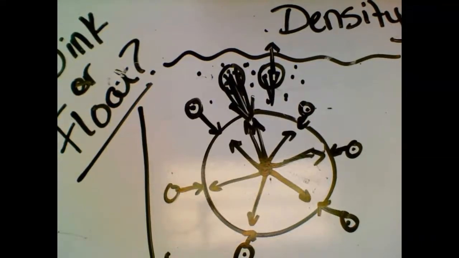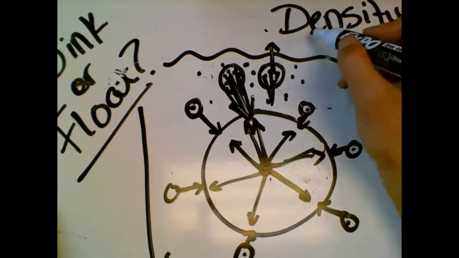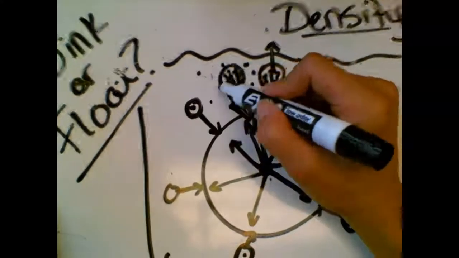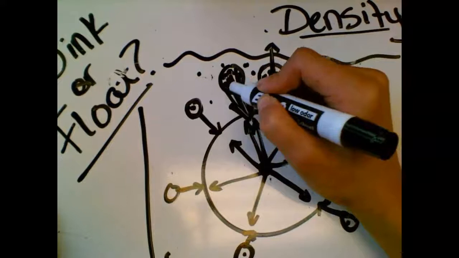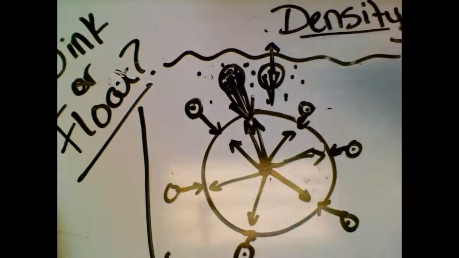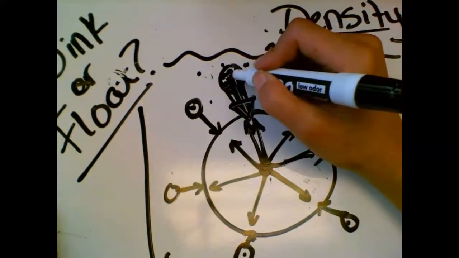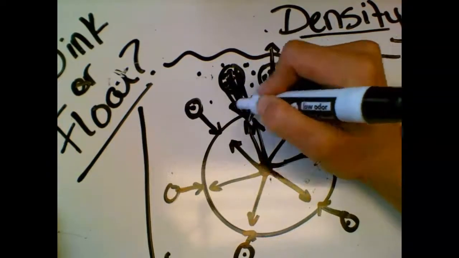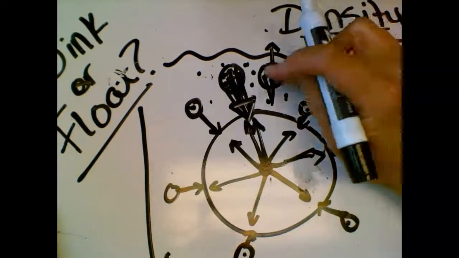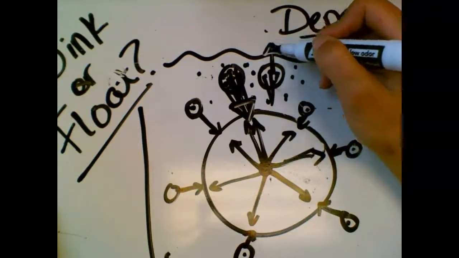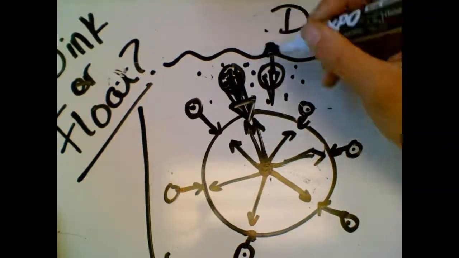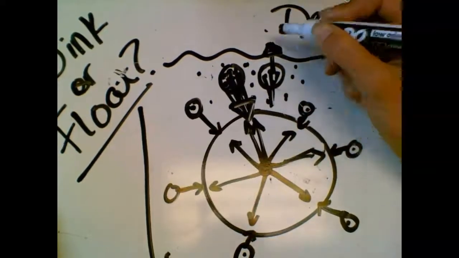So whether something sinks or floats has to do with its density, how much stuff is packed in that space. If you are more packed in than your surroundings and you're able to freely move, then you are going to sink down. And if you are more spread out or less packed in than your surroundings, you are going to go up, because gravity is not pulling on you as hard as on the surroundings.